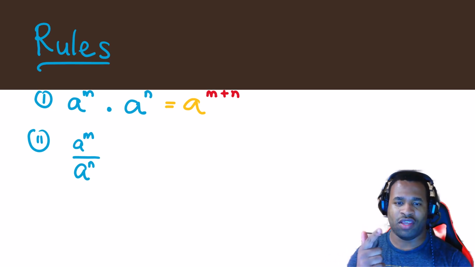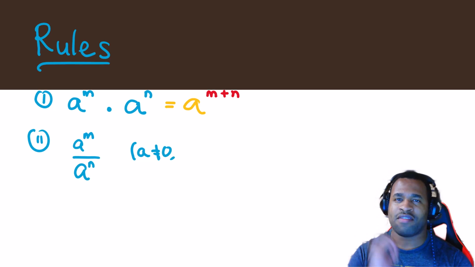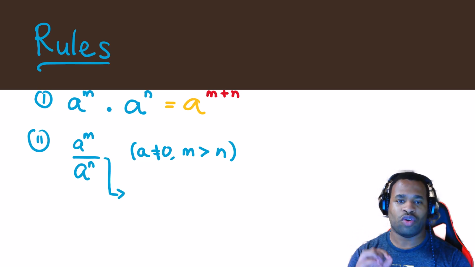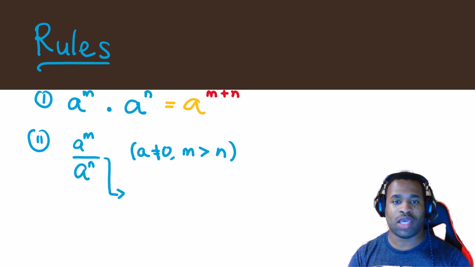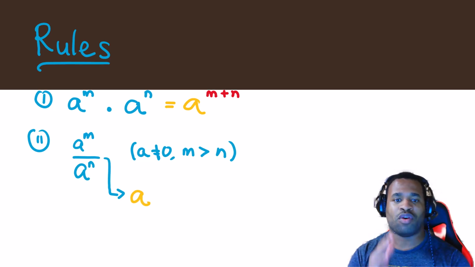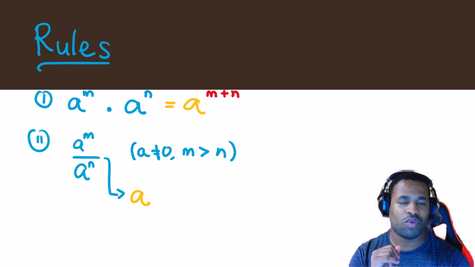First, a must not be equal to 0, and second, m is greater than n. What that results in, for this second rule, is that we keep the base, because they are the same. But here, because we are dividing, we're going to keep the base, but what do we do to the exponent?